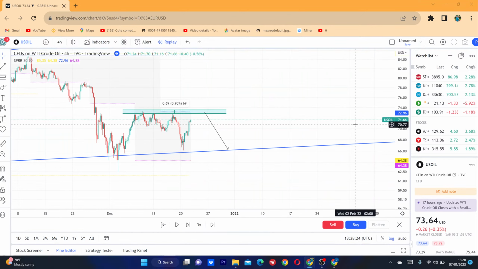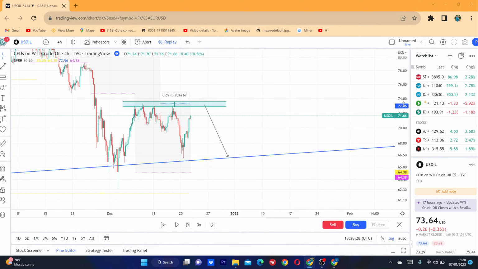Let's see whether it will do the same again over here. There's this rule we talk about with trend lines. You know, the trend lines have some rules. I'll maybe talk about that later, but let's see whether it's going to do that.